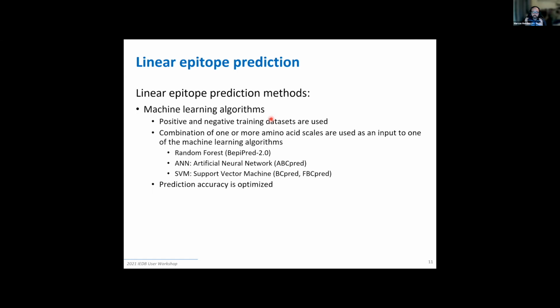So we use this negative and positive epitope data combined with the physicochemical properties of the amino acids, and with that we have a robust analysis. So the prediction accuracy is optimized. On IEDB, we have this BepiPred 2.0. It's not the only one available. There is also BCPred, but the one available on IEDB is this one.